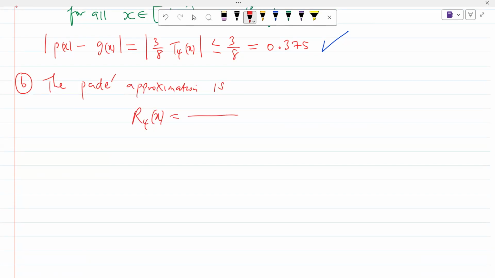And this Pade approximation is basically A0 plus A1x plus A2x squared divided by 1 plus B1x plus B2x squared. Okay, the Pade approximation R4 is given by this.